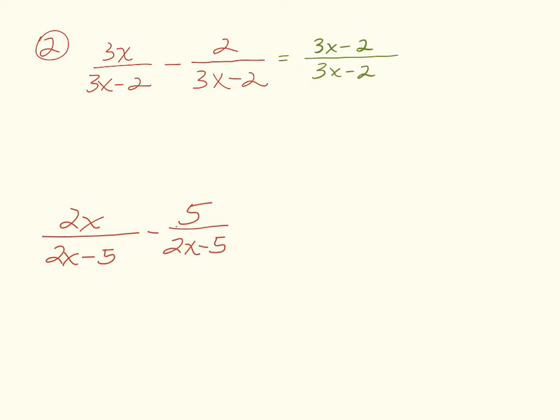3x minus 2 in the numerator and 3x minus 2 in the denominator are each binomials. They are two-term polynomials. It's not a 3x over 3x and a negative 2 over a negative 2. That is not what it is. So you have to treat both of these binomials as if they are a married couple. You cannot cancel a 3x with a 3x, okay?